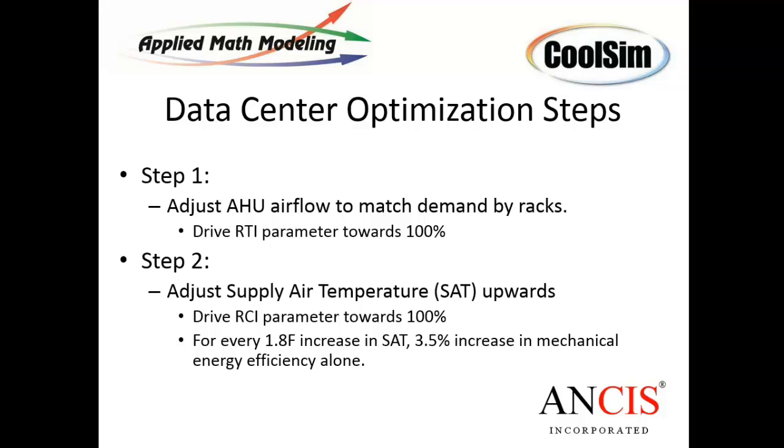And that will be your optimal operating point. At that point, what you simply need to do is make sure that you're okay for failure mode. In other words, what if one of these units drops out? Can the others cover? You want to cover that condition. But for the most part, in a steady state kind of situation, driving RTI to 100 and then going for a supply air temp is the way to optimize the design.